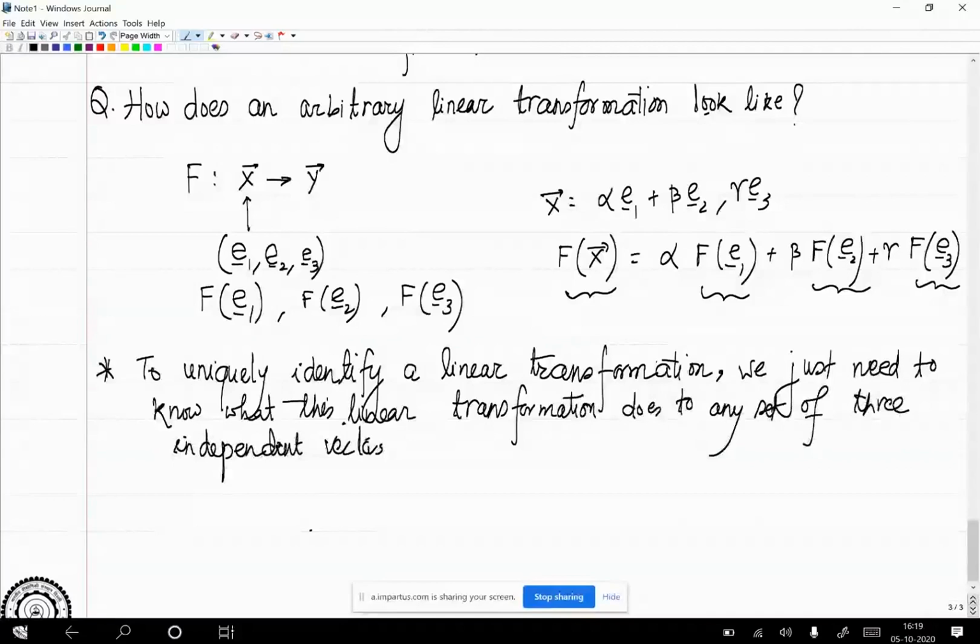So they need not be perpendicular to each other. They can be, but it's not necessary. All right?